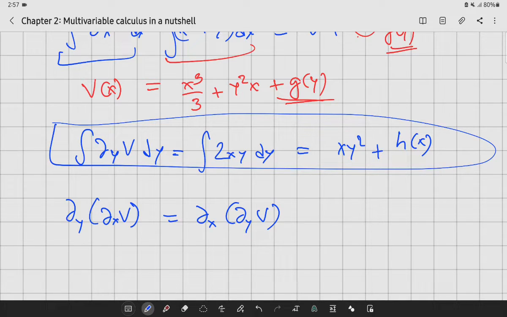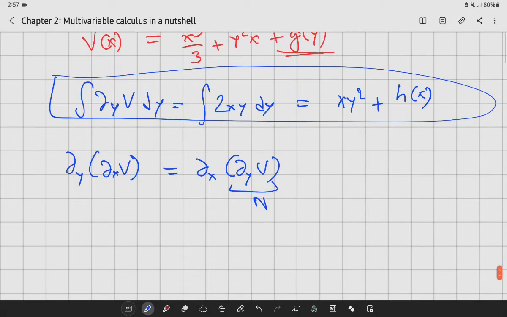But partial y of v is simply N from the force field. So what is partial x of N? N is 2xy, if you remember. So partial x of 2xy is nothing but 2y.